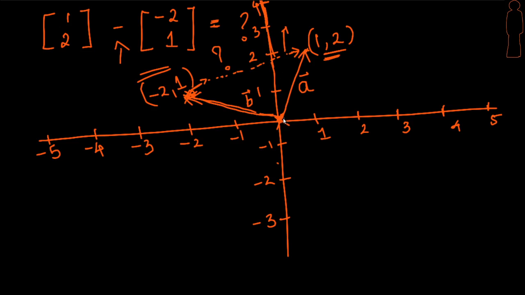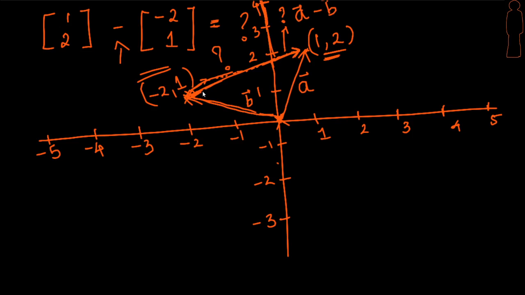We have moved from the origin on B, reached the point (-2, 1), and we are asking the question, how much do I move from B in order to reach the A vector position? So this is what we are looking at right now. The answer is going to be the A minus B vector.